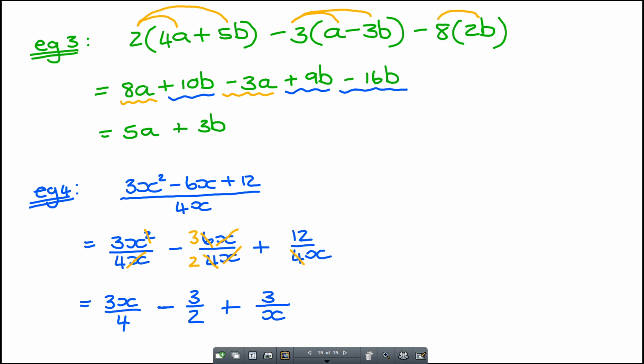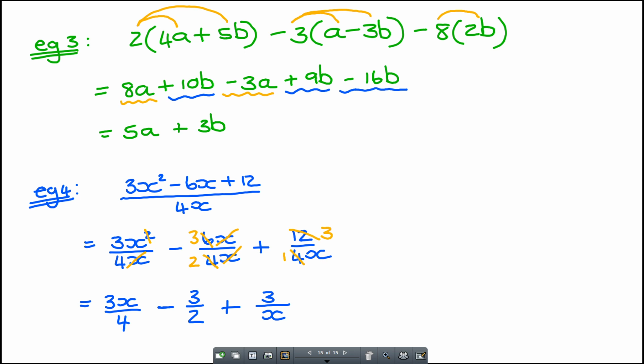So 4 goes in once, and 4 goes in 3 times. So that's how I get 3 over 1x, or just 3 over x. But don't forget that x must be at the bottom of the fraction, because if you said 3x, that's wrong. Any questions, people?